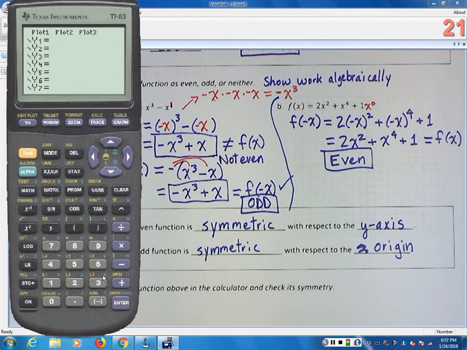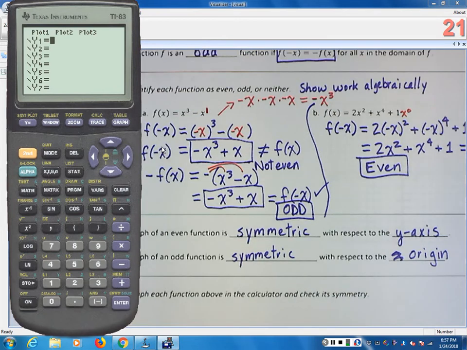And then you're going to put in the function, which was x cubed minus x. So we push the X,T,theta,n button, caret 3, that's x to the third, minus X,T,theta,n. There's our function. We can do zoom 6 for zoom standard.